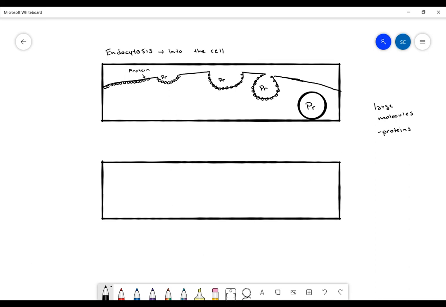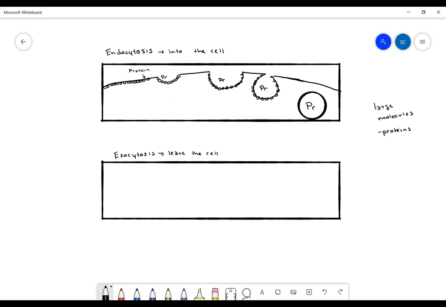Okay. And exocytosis, moving on, is exactly the opposite. Okay, so exocytosis, we're going to be looking at large molecules leaving the cell.